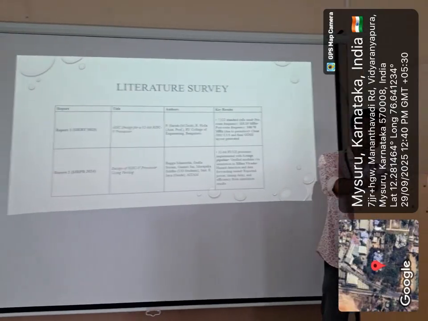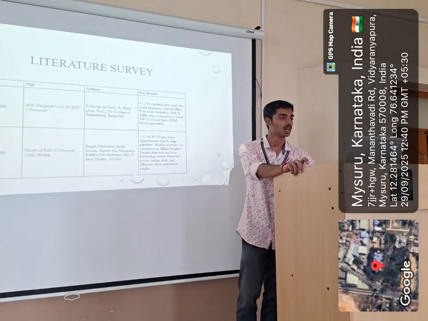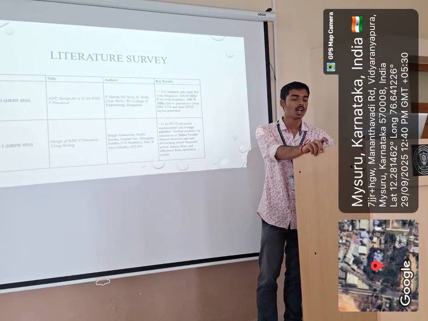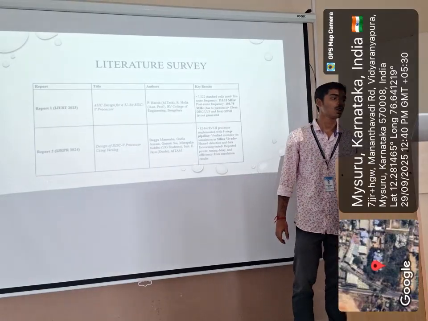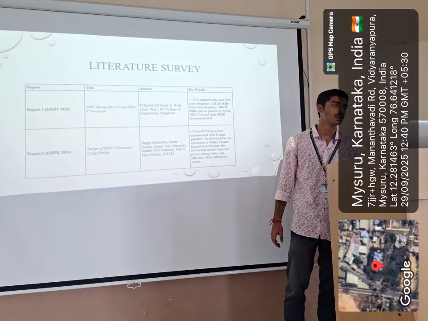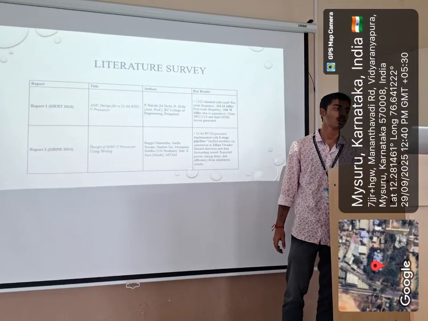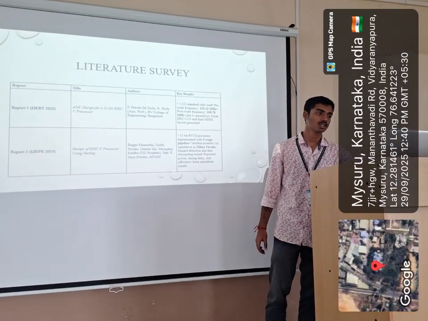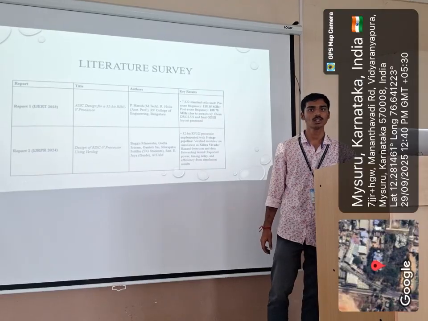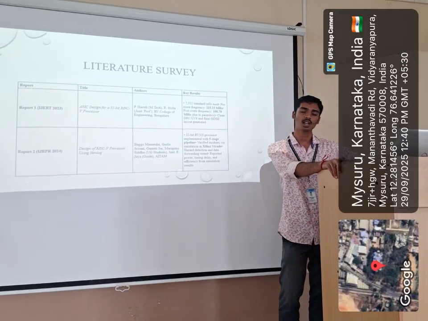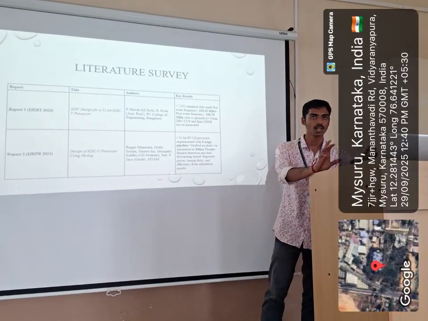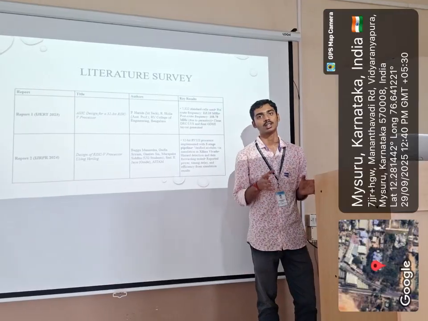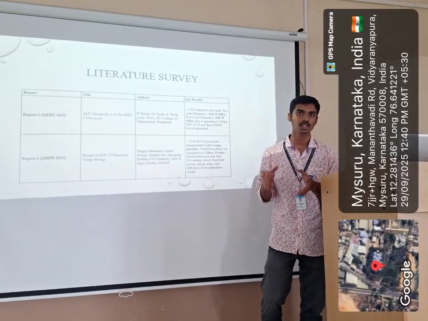Report number one, ASIC design, is done by the author Harish and Bola, and he has done the complete backend design, using a frequency of 115.5 gigahertz. This is the major thing we want to notice, and we also did the DRC and LVS checks and GDS2. And report number two is completely about the design. This is the major part which we have done in this phase 1.